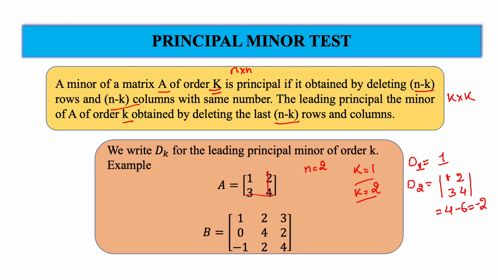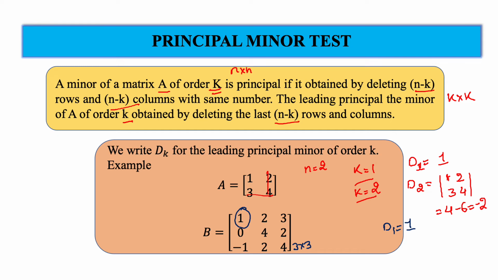Suppose you have a matrix B of order 3 by 3. You take any matrix, 1 2 3, 0 4 2, minus 1 2 4. Now D1 means start from the first element and take the determinant of order 1 by 1, so that is 1 only.